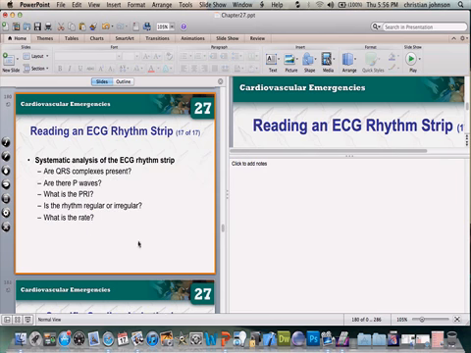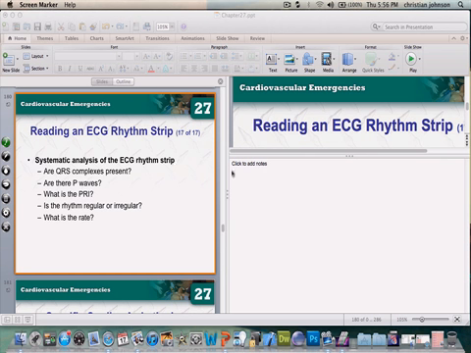Moving on. The last part of this is just kind of a review of what we went over. You want to make sure that all of your EKGs, one, have an upright and rounded P wave, meaning that you have a sinoatrial P wave. Remember, P wave means atrium. Rounded upright P wave means SA node.